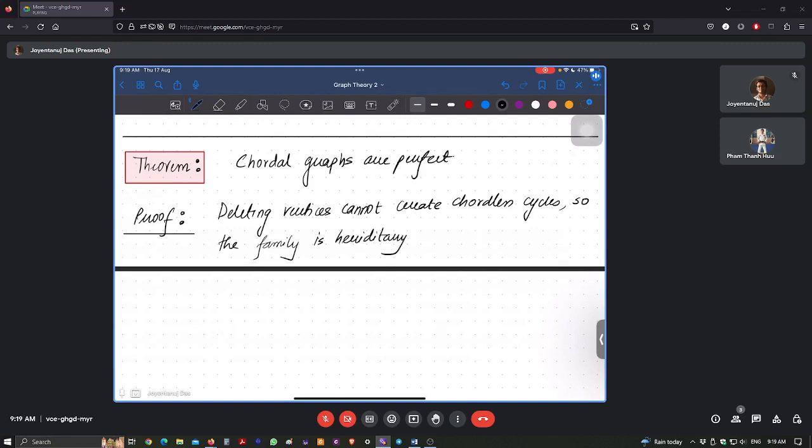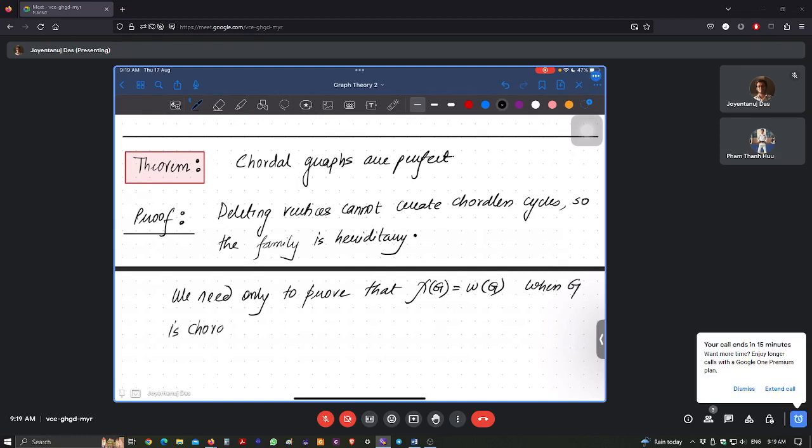So now we need only to prove that the chromatic number of G is equal to the clique number when G is chordal.